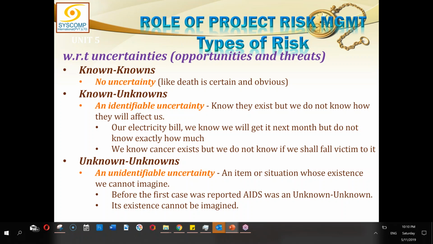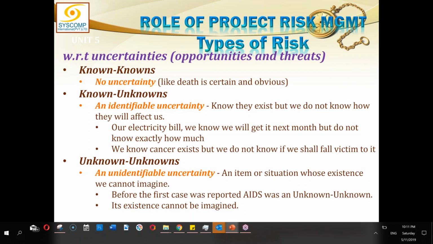The way of my life could indicate that I am walking towards my death. I am in the danger zone. But at the same time, death can come any time. So this is not something which nobody knows. Everybody knows that everybody has to die someday. So this is a known known.